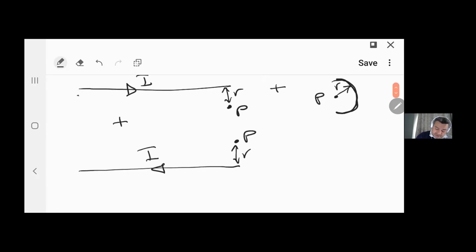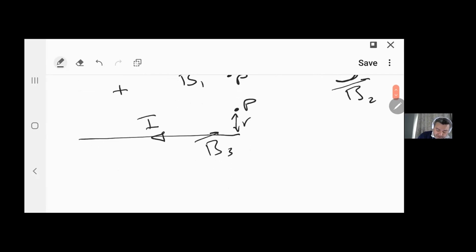So let me start with, this is the B1, case 1, giving me B1. This is B2. This is B3. So far, I did not talk about the directions. I'm only going to talk now in the beginning about the magnitude. So I have B1 equals to mu naught I over 4 pi R1.